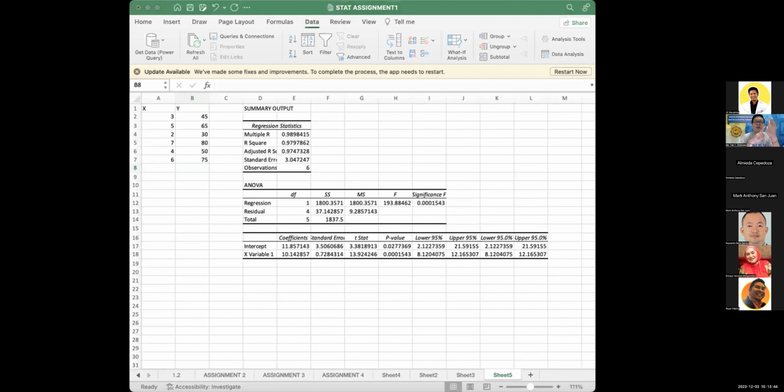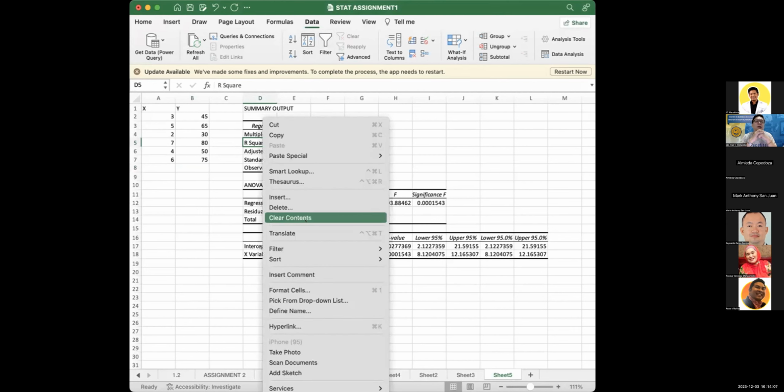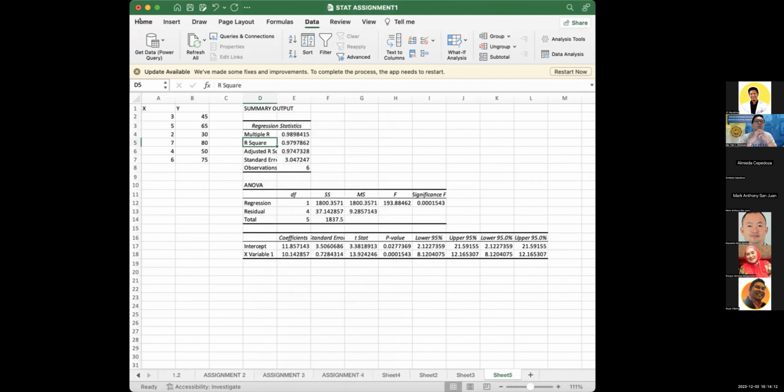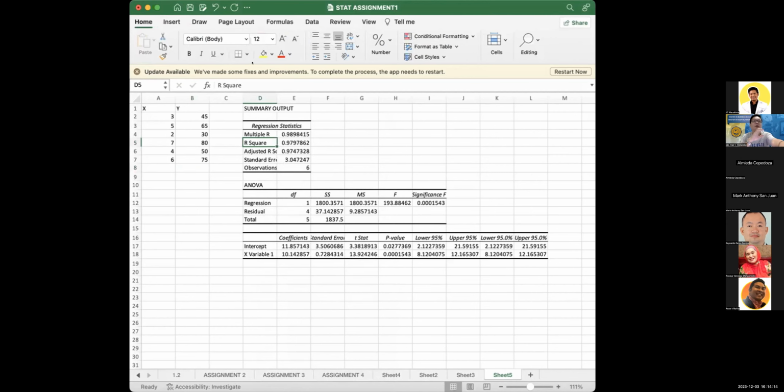Number 1, in your regression statistics, the most important is the R square. Let's highlight it in yellow so that's what you always look at.